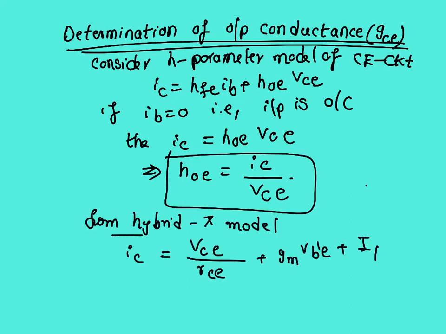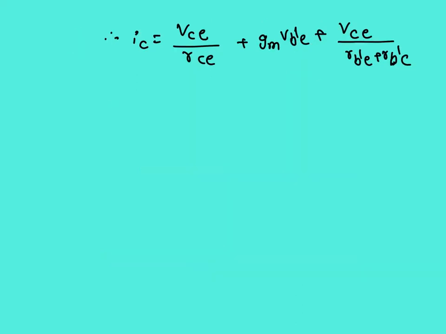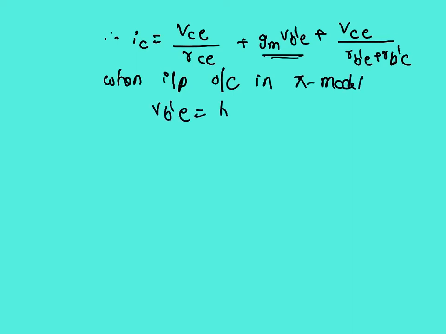From the hybrid pi model, we can write IC as VCE by rce plus gm Vb'e plus I1. This I1 we have already calculated in the previous discussion of feedback conductance. So here IC can be written as VCE by rce plus gm Vb'e plus VCE by rb'e plus rb'c. When the input is open circuited in the hybrid pi model, Vb'e can be written as hre into VCE.